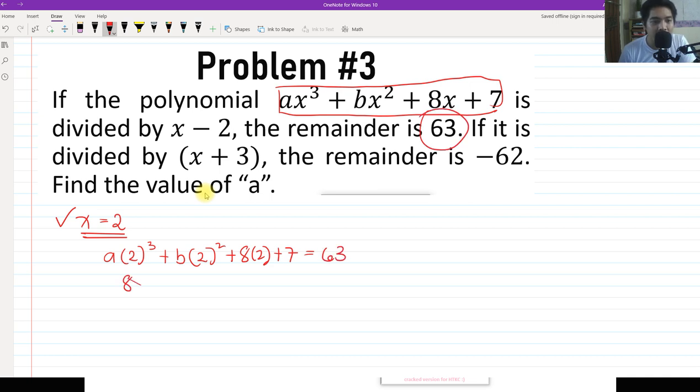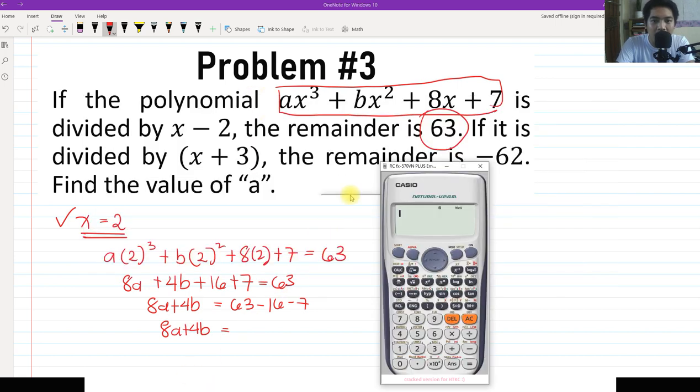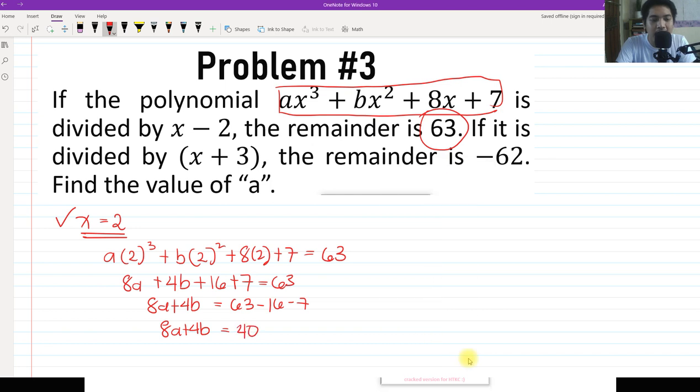So we have 8a plus 4b plus 16 plus 7 equals 63. Simplifying further, 8a plus 4b equals 63 minus 16 minus 7, that's 40. This should be our equation 1.